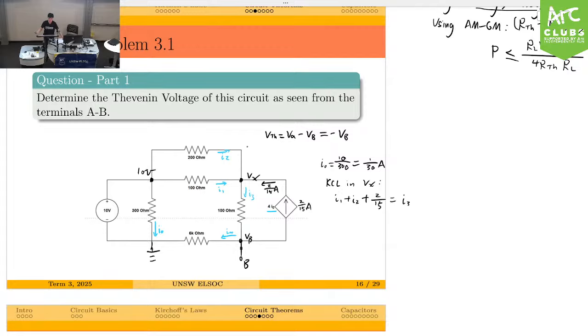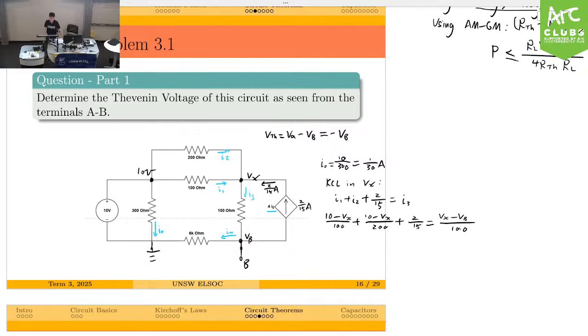KCL basically states that current entering a node equals current leaving a node. Now let's express all those currents in terms of voltage. So I1 equals (10 minus Vx) over 100, plus I2 equals (10 minus Vx) over 200, plus 2/15 equals I3. I3 equals (Vx minus Vb) over 100.